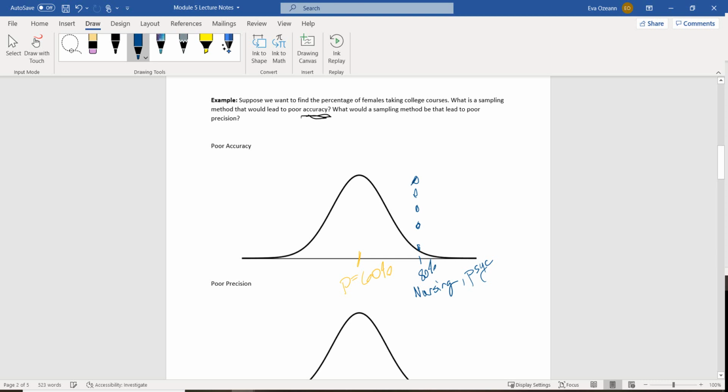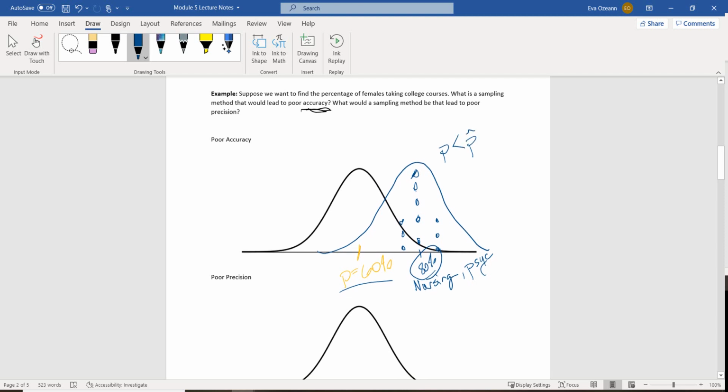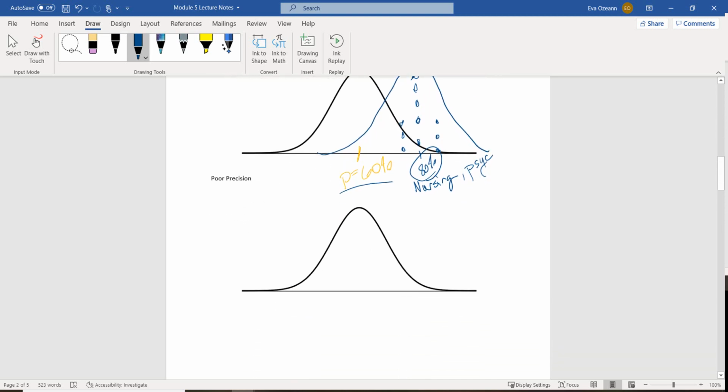Of course, we're going to get some classes that have a lot more, and some classes that have less. But if we repeat this sampling method over and over, we're going to see that our sampling distribution gives us a result that's higher than the population. In this case, our p for the population would be less than p hat, the one for our sample.